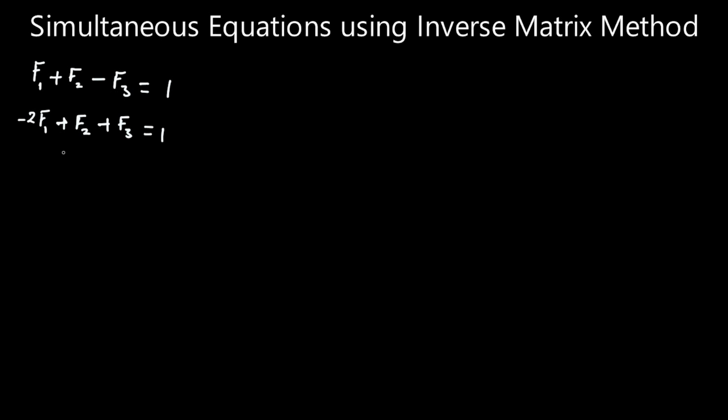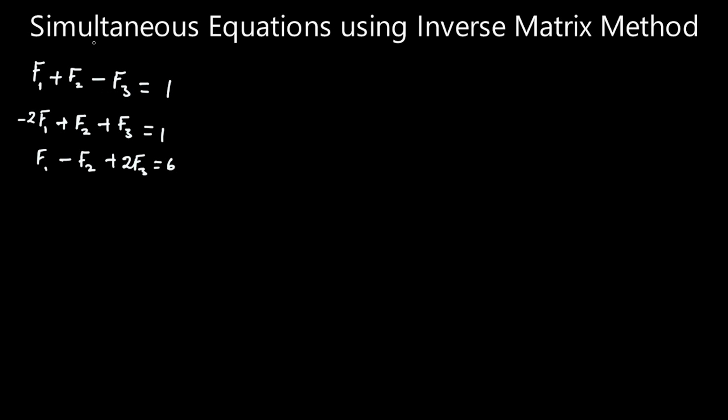And we also have F1 minus F2 plus 2F3 is equal to 6. We are supposed to use the inverse matrix method to solve these simultaneous equations and get the values of F1, F2, and F3 that satisfy these equations.